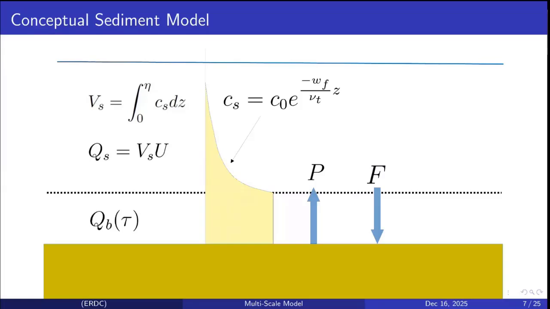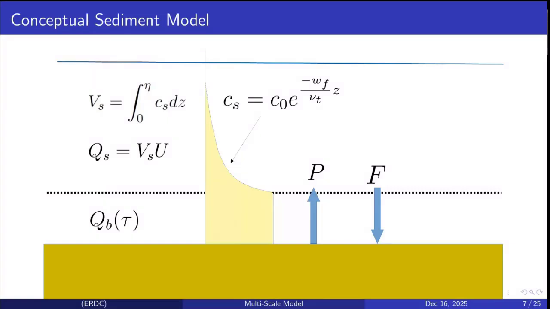I'll also point out graphically, more or less as a cartoon, the balance, which is these terms in the sediment concentration balance, a pickup and a fallout, P and F.